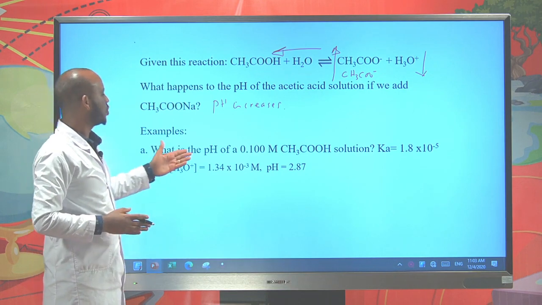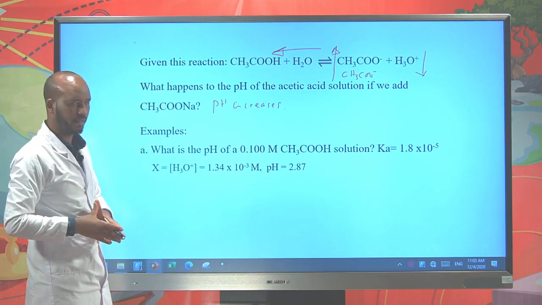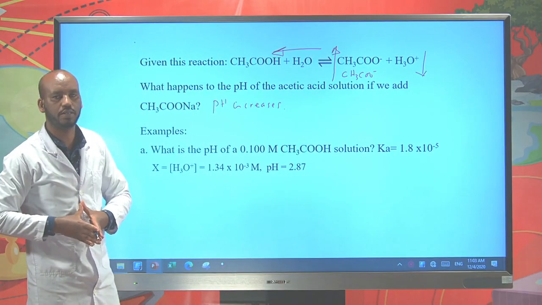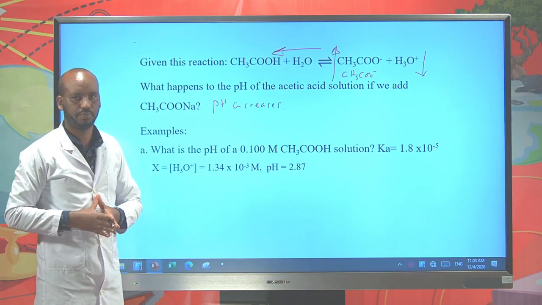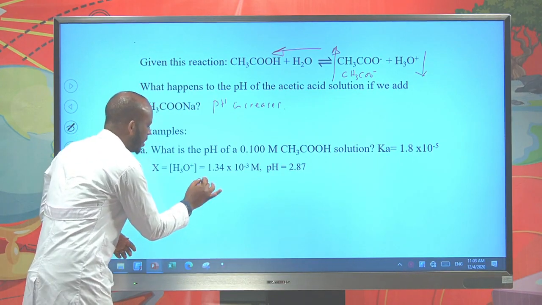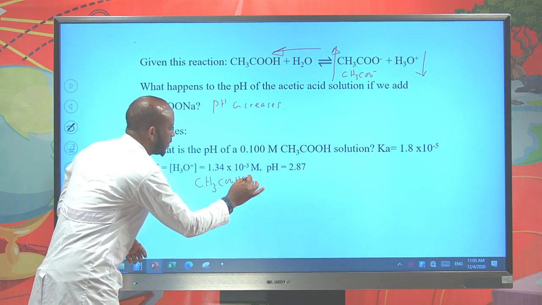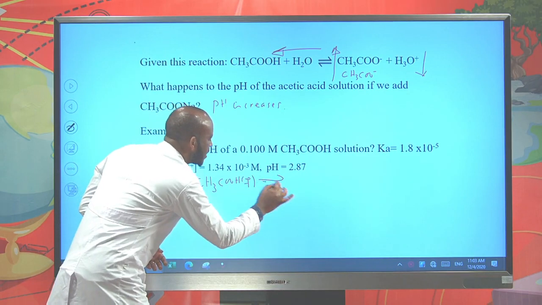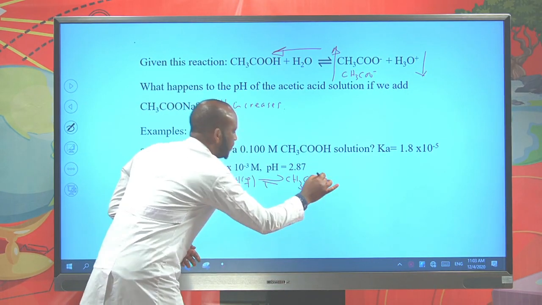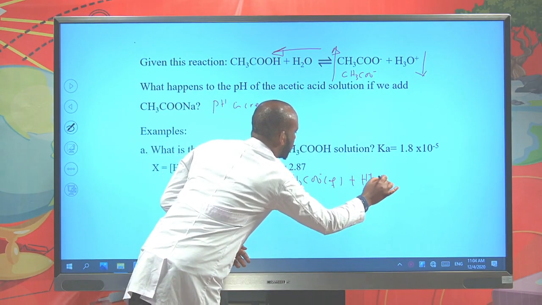Example. What is the pH of a 0.1 molar acetic acid solution? The dissociation constant of the acid is 1.8 times 10 raised to minus 5. Now the acid is acetic acid, which is a weak acid. Acetic acid, CH3COOH aqueous, slightly dissociates into acetate, CH3COO minus aqueous, plus H plus aqueous.